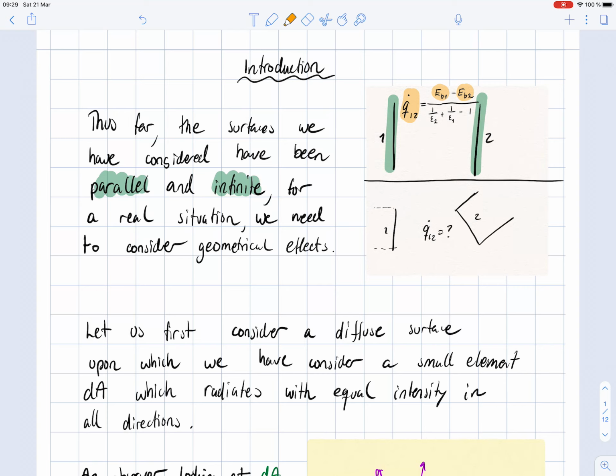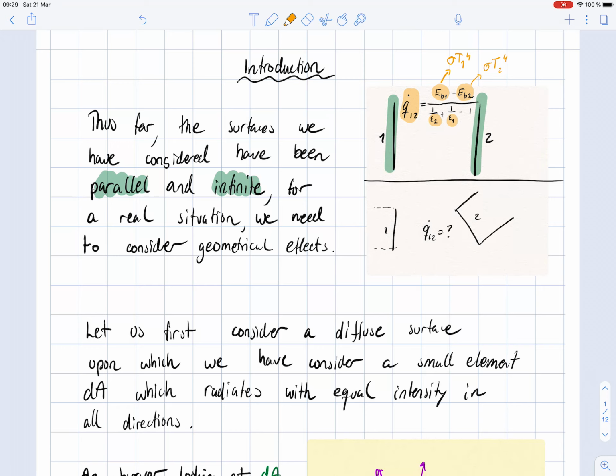So these two terms are sigma T1 to the power 4, and the other one is sigma T2 to the power 4, from Stefan-Boltzmann's law. And these emissivities that we have below here account for the non-ideality of these surfaces.